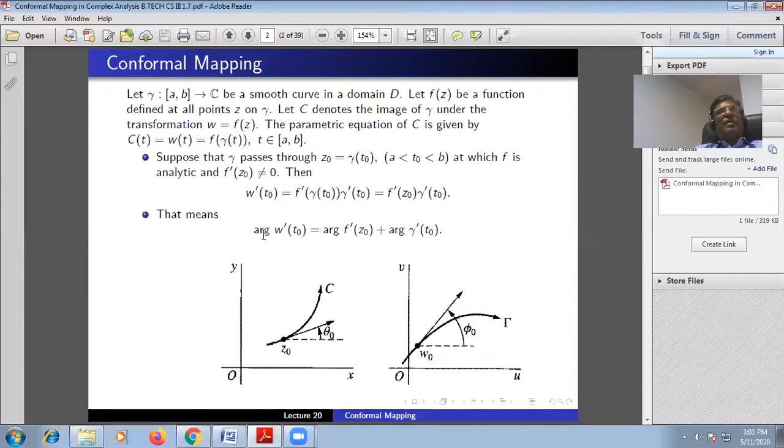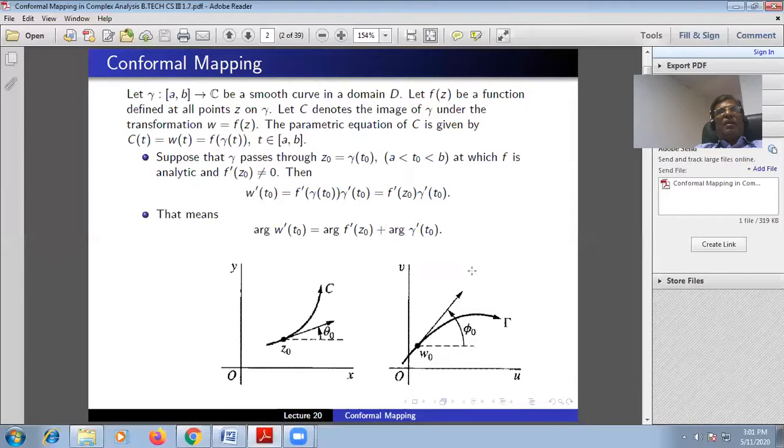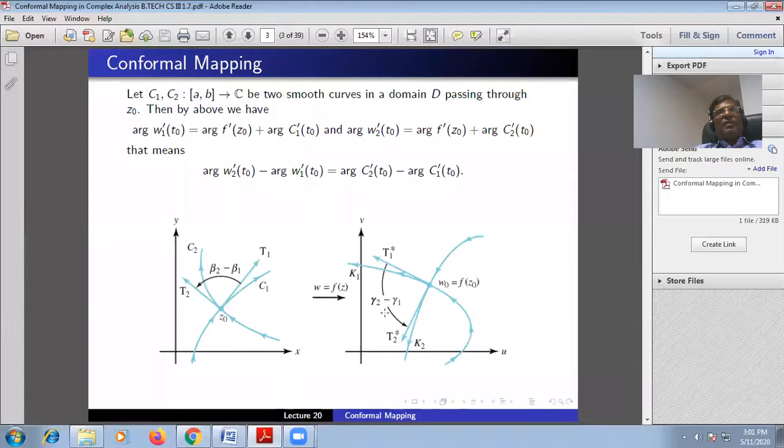This means the argument of the first derivative of omega at the point t0 is equal to the argument of the first derivative of f at z0 plus the argument of gamma dash t0. These are the pictorial shapes before and after differentiation of the given function.